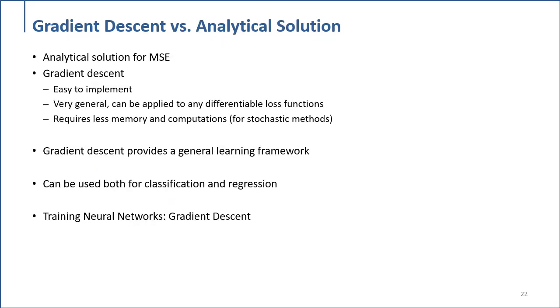Okay, so let me summarize the two methods of finding the optimized solution by finding the point where the gradient is equal to 0. The first way is getting an analytical solution, also called a direct or exact solution.